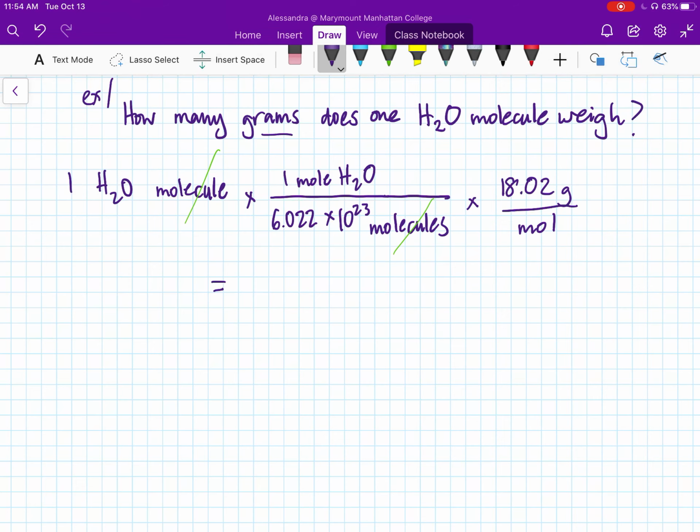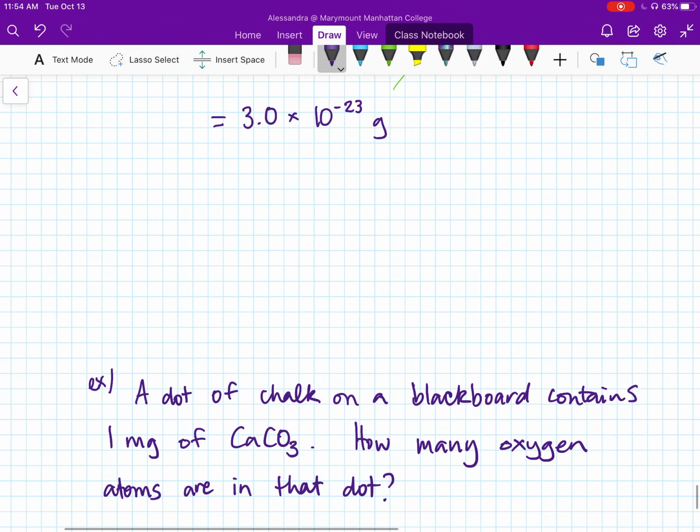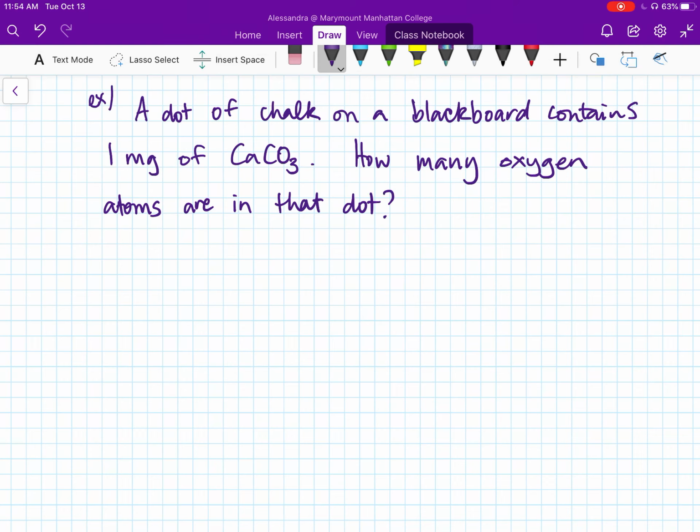So if I multiply and then divide by Avogadro's number, I am going to be able to get a value of 3.0 times 10 to the minus 23 grams, which of course is an infinitesimally small mass. So 1 water molecule doesn't weigh very many grams at all, as predicted. Okay, let's add another layer of complexity to this.